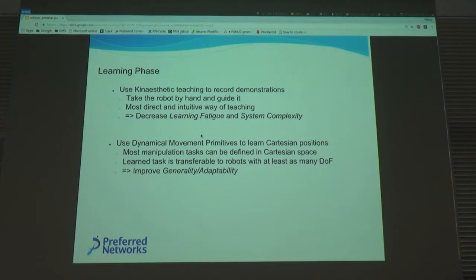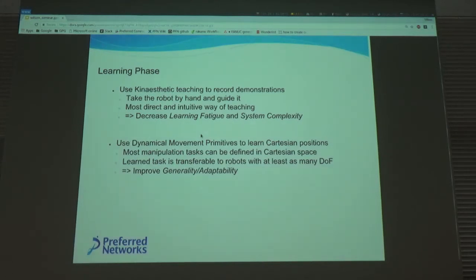Once these user demonstrations are recorded, we need to use a learning algorithm to learn these demonstrations, for which I use dynamical movement primitives to learn Cartesian positions. I chose Cartesian space because most manipulation tasks can be defined in Cartesian space, which means that if we learn a time series of Cartesian positions, then we can learn a wide range of different tasks that can be encoded in Cartesian space.